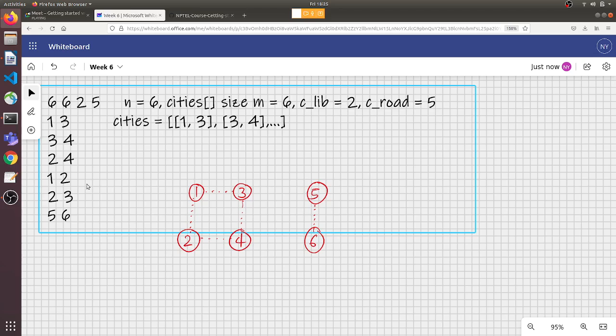So it's similar to the example that we have already seen. Could you work this out and tell me? Here the cost of library is 2, the cost of road is 5.